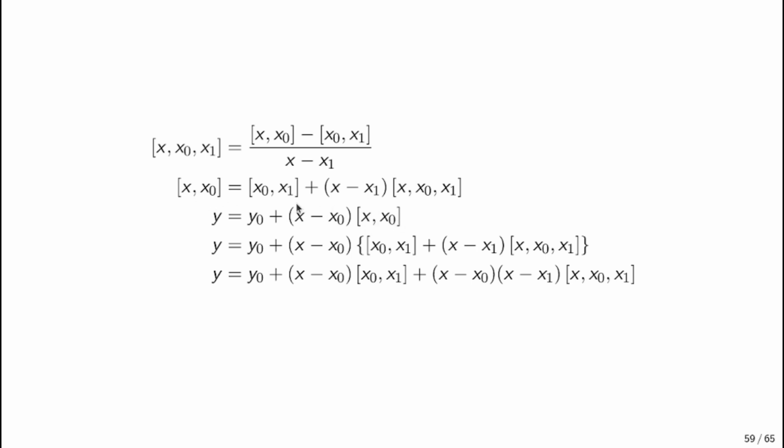Replacing this divided difference of x0 with the divided difference of x0 x1 plus x minus x1 times x0 x1, and rearranging, we get y equal to y0 plus x minus x0 times the divided difference of x0 x1 plus x minus x0 times x minus x1 times the divided difference of x0 x1.